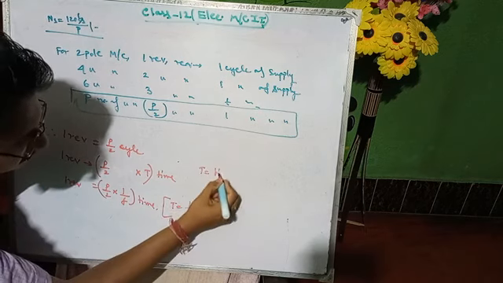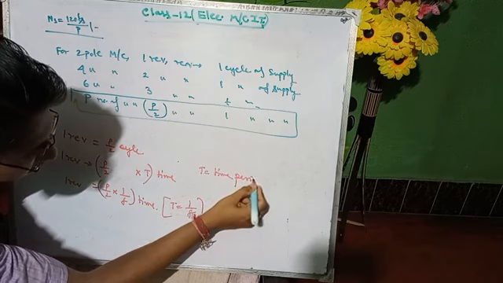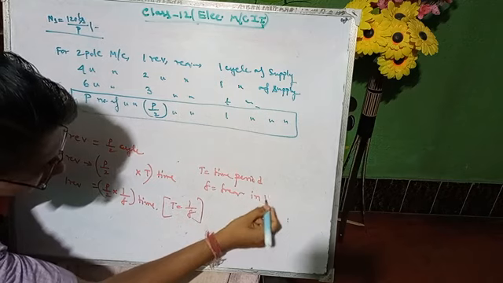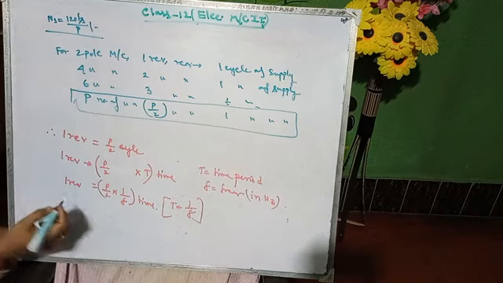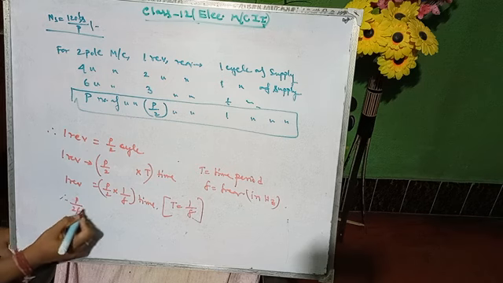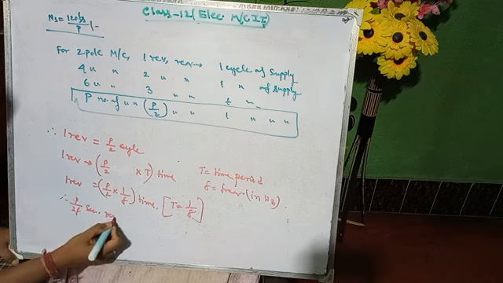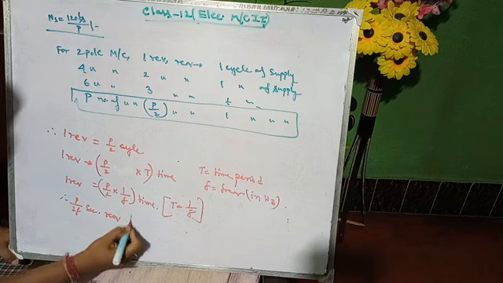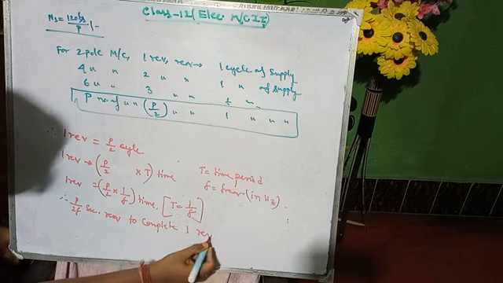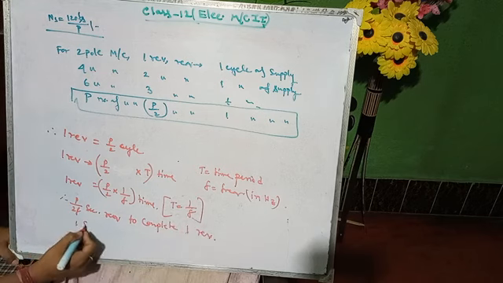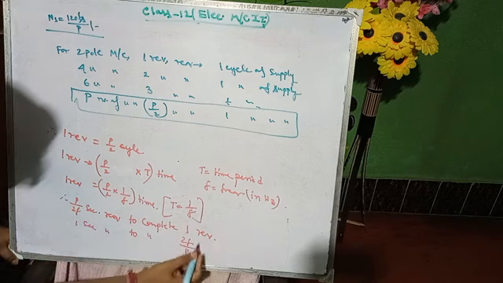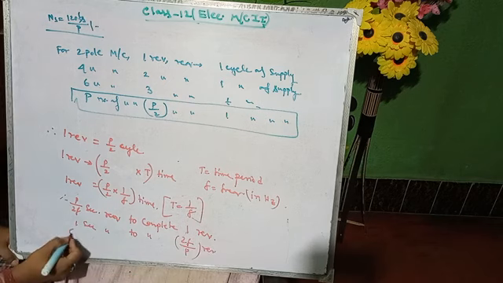T equals time period and f equals frequency in hertz. Therefore P by 2f seconds are required to complete 1 revolution. So in 1 second, 2f by P revolutions are completed, just the reciprocal, and there are 60 seconds.